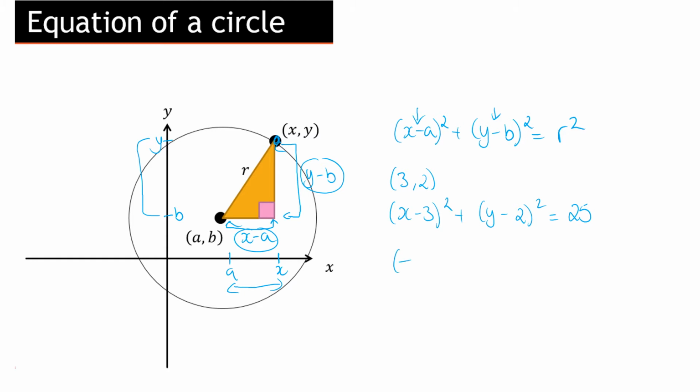If the center was (minus 4, 1), then you would have x plus 4. It's always the opposite in the brackets, plus (y minus 1), and say this was radius 7, then it would be 49.